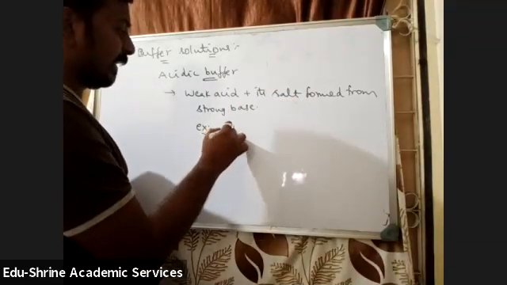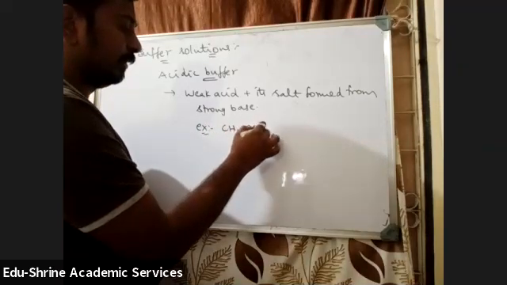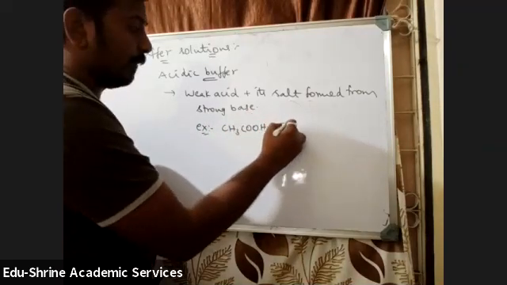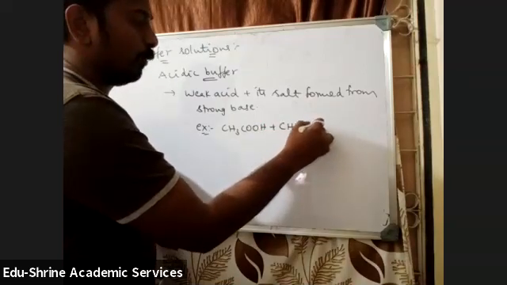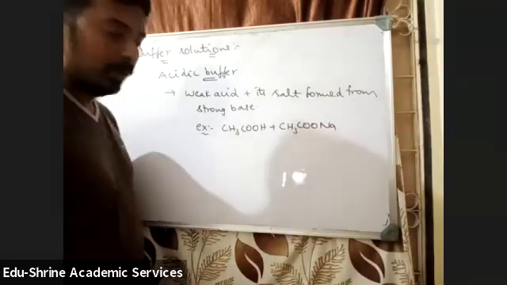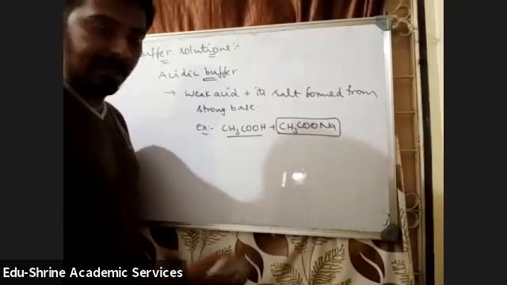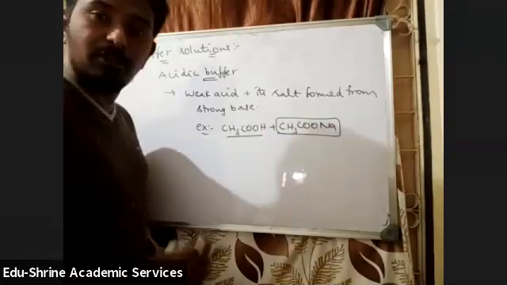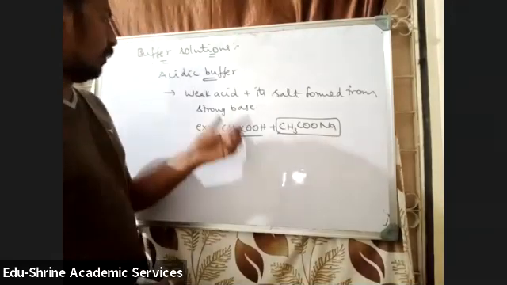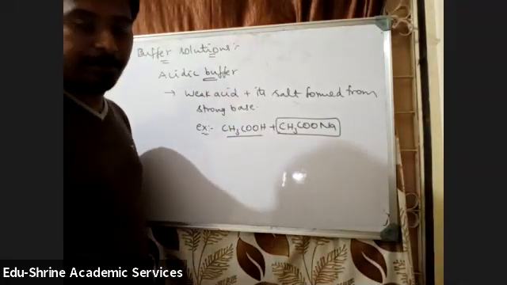So weak acid is CH3COOH plus salt formed from strong base means CH3COONa in this way. So this is the weak acid. This is the salt of strong base. NaOH plus acetic acid will give you this. Okay? So this is what acidic buffer means.